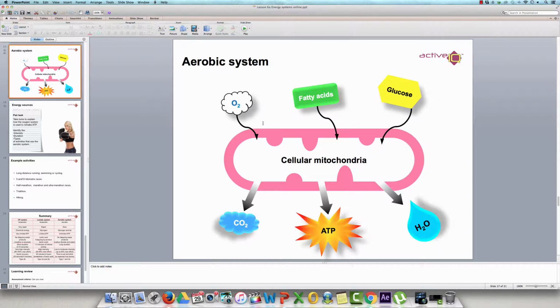And here's what happens. We take to the mitochondria, which are those little organisms inside our cells, oxygen, fatty acids and glucose.